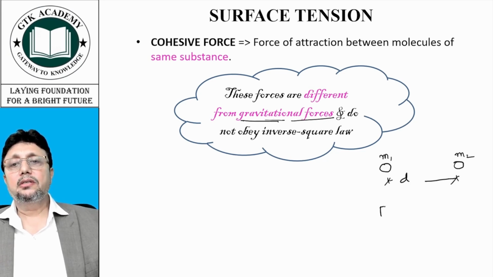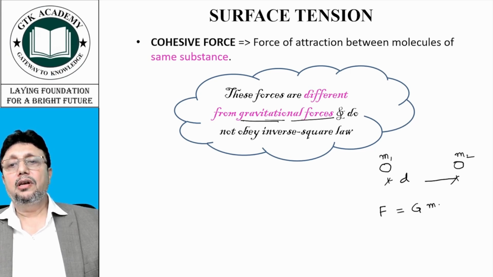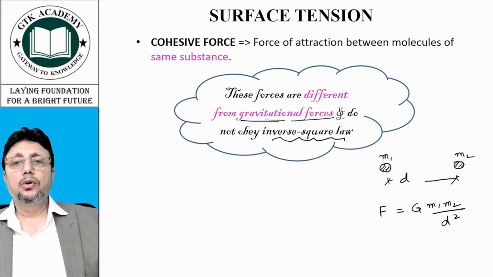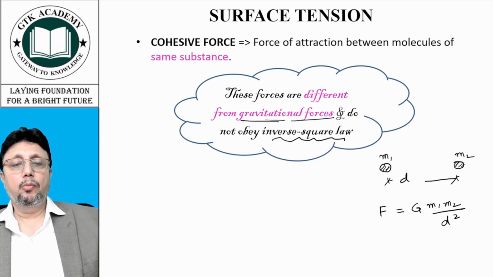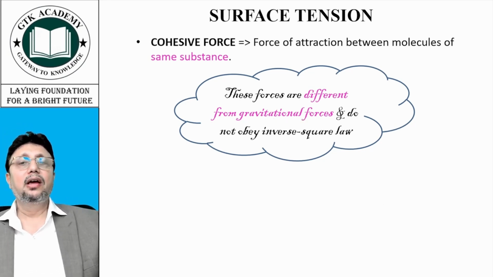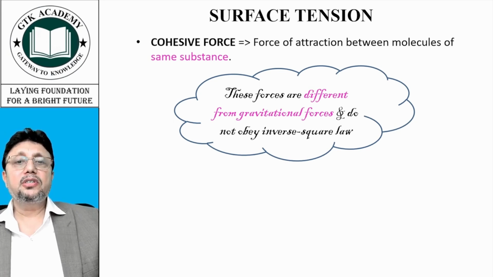The force of attraction is equal to G m1 m2 upon d square. So this is called the inverse square law. The force of attraction between m1 and m2 obeys the inverse square law. But this cohesive force doesn't obey the inverse square law.